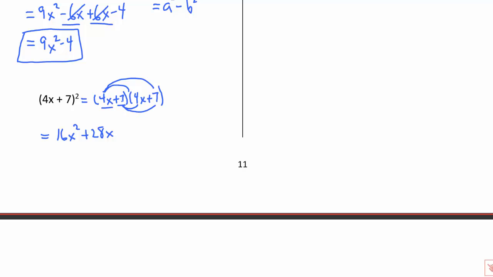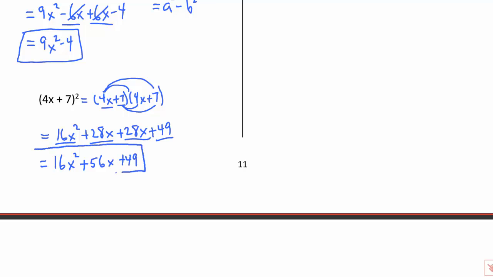Then distribute the 7. 7 times 4x is 28x. 7 times 7 is positive 49. Okay, now combining like terms, we have 16x squared plus 28 plus 28. Well, 28 plus 28 is 56x, and then plus 49. And here is your answer.